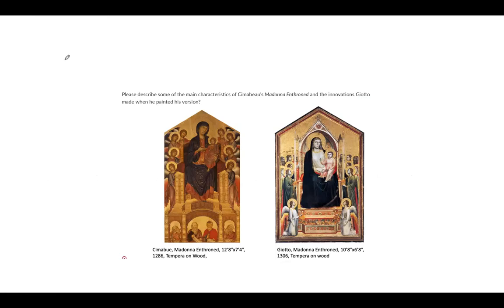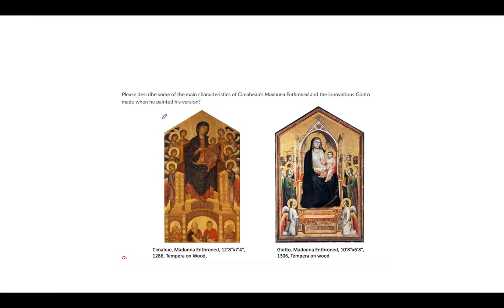Please describe some of the main characteristics of Cimabue's Madonna Enthroned and the innovations Giotto made when he painted his version. So Cimabue's version was still influenced by that Byzantine Italian style, where Mary is very large in the center and has a very stylistic halo around her, as do the other people.